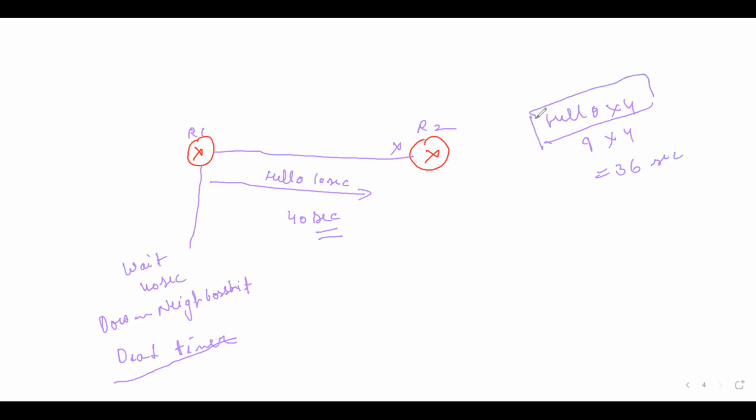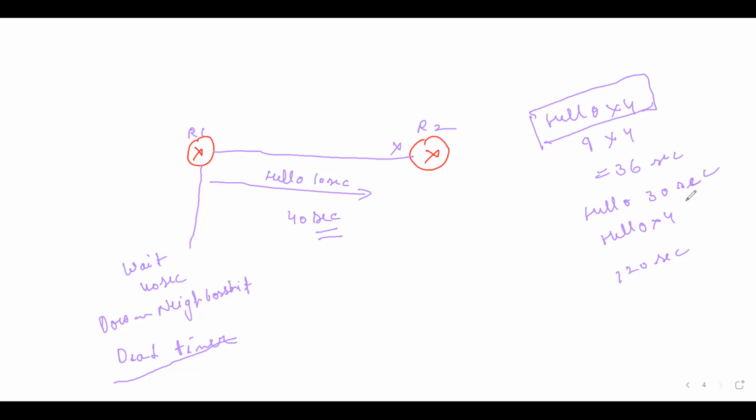Suppose my hello is going every 30 seconds, because in a serial link it is 30 seconds. So hello into 4, 30 into 4 is 120. Then it will wait 120 seconds. It depends on your hello time.